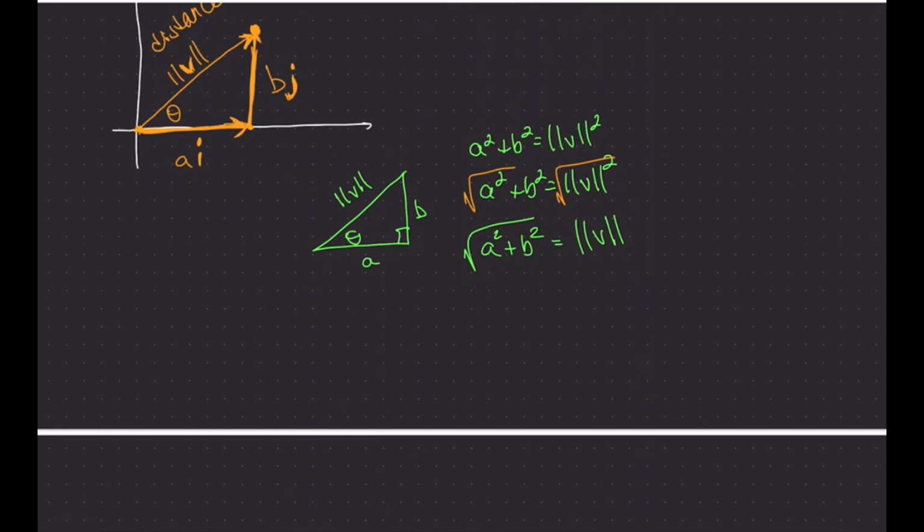Cosine of alpha, what's cosine of alpha going to equal? Cosine is what over what?